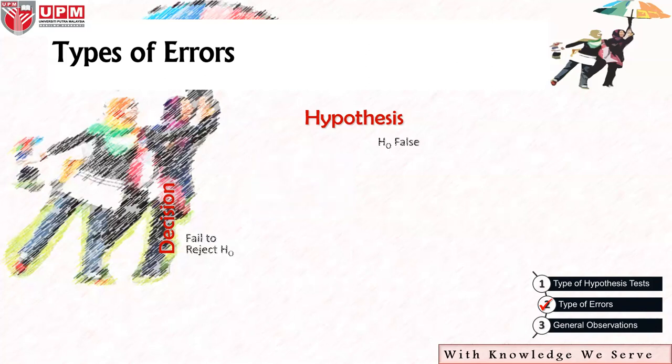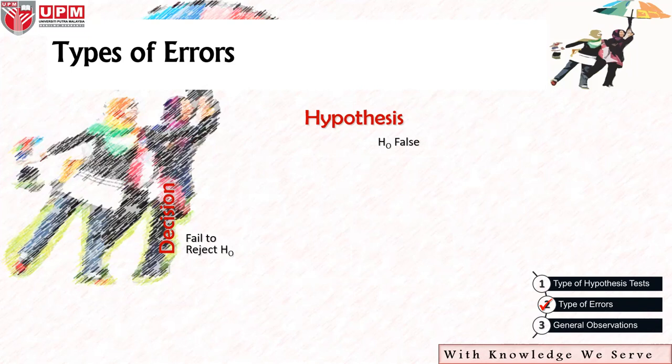The second one is our null hypothesis is wrong. We get our finding, and then it is supposedly against the null hypothesis, which is false hypothesis, but we fail to reject null hypothesis.